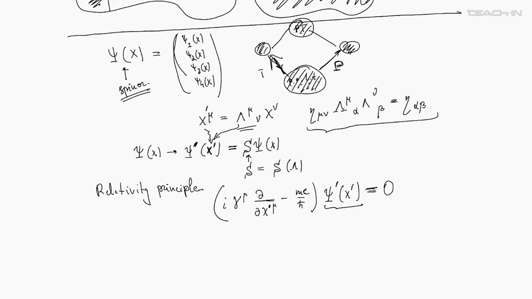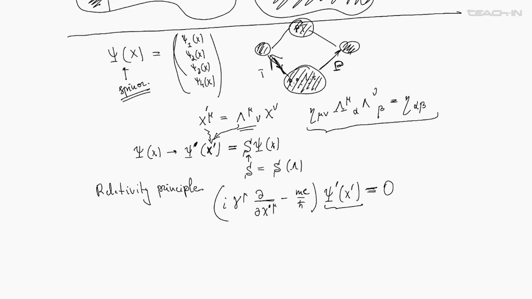Right. So the Einstein relativity principle basically generalizes Newton's relativity principle to the case of relativistic invariance. It takes into account the fact that the speed of light is a finite constant, which is independent of the reference frame in which you measure the speed.